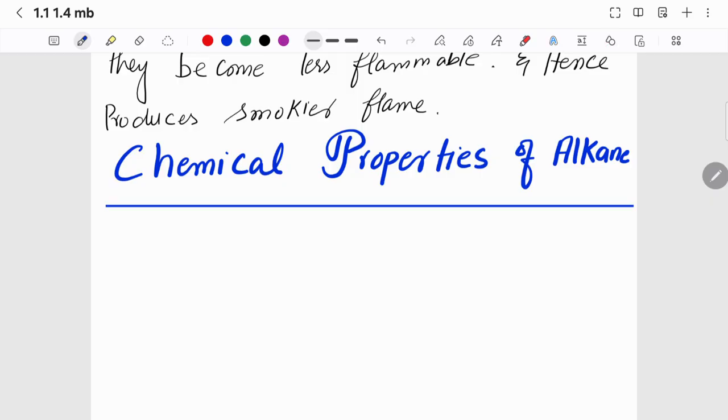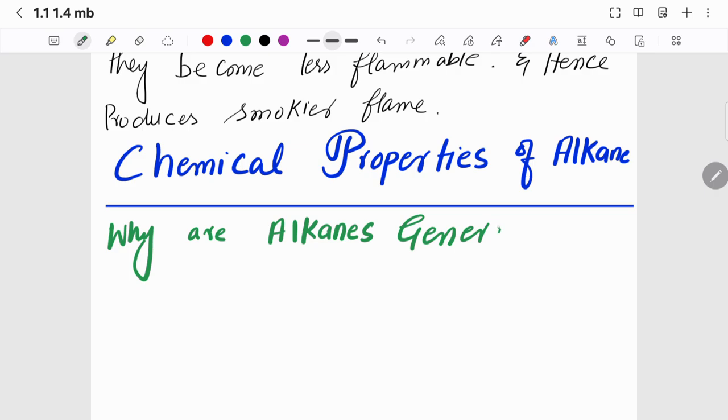Okay, before talking about the chemical properties of the alkane, there is another important question that is frequently asked in exam, and that is, why are alkanes generally unreactive? So let's talk about it first.